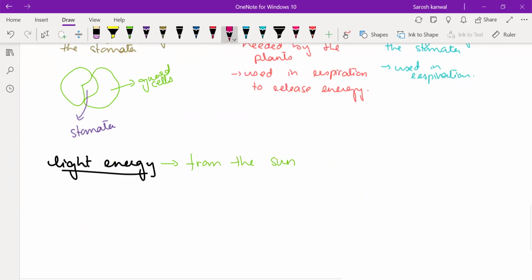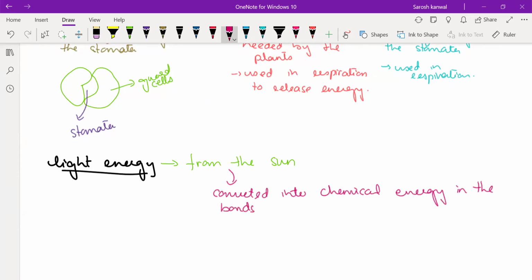And first it is converted into chemical energy in the bonds holding the atoms in the glucose molecules, right?